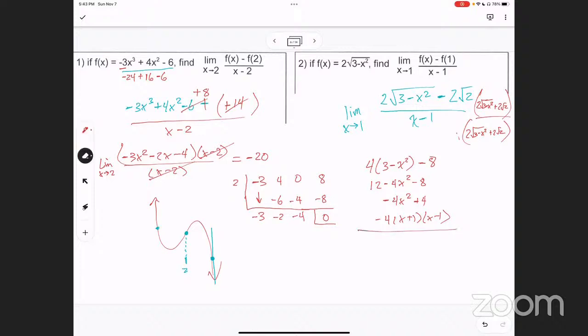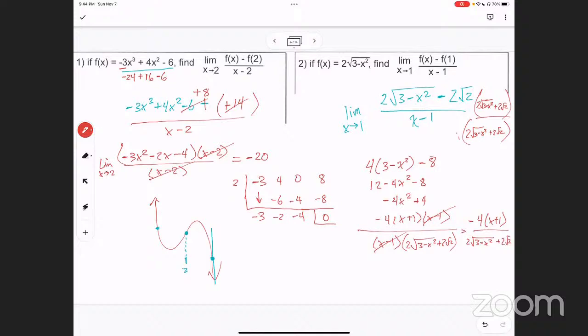So the denominator is going to be x minus 1 and 2 root 3 minus x squared plus 2 root 2. These cancel out. So you're just going to get negative 4 times x plus 1 all over 2 square root of 3 minus x squared plus 2 root 2.